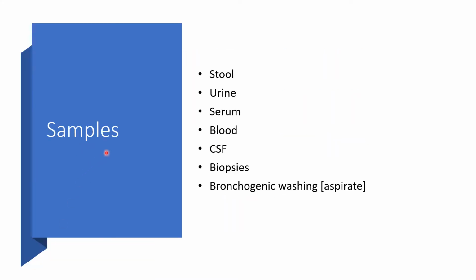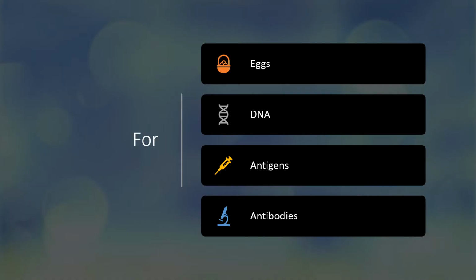Now, we will need to take samples, and that will take us to taking stools, urine, serum, the blood, sometimes lumbar puncture for cerebrospinal fluid, biopsies, and bronchogenic washing, and then take the aspirate. What are we going to get from those samples?